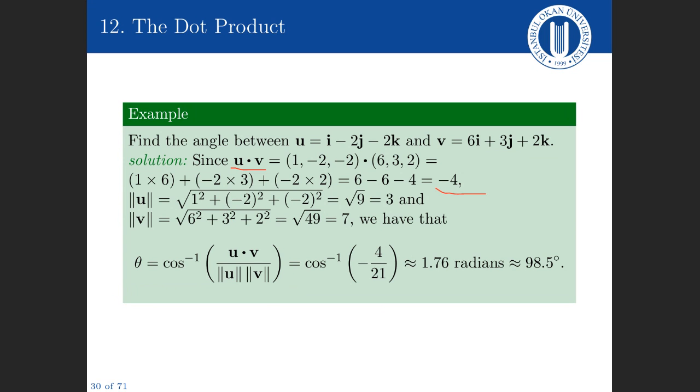We can calculate that u dot v is -4, the norm of u is 3, and the norm of v is 7. Put these numbers in: inverse cosine of -4 divided by 3 multiplied by 7. With a calculator, we can see this is the same as 1.76 radians, or 98.5 degrees.